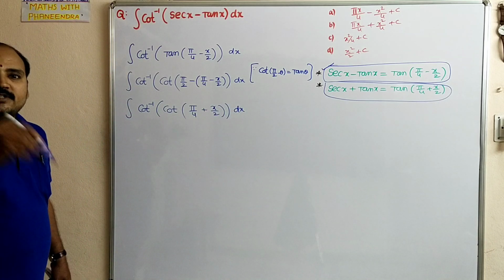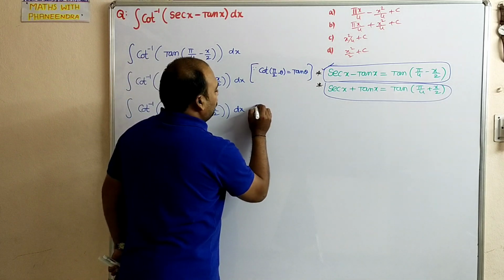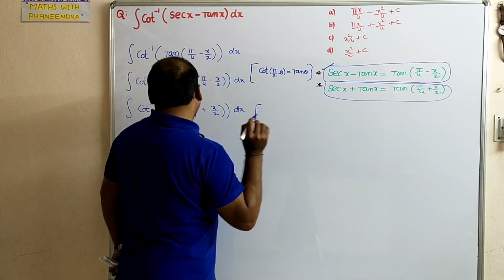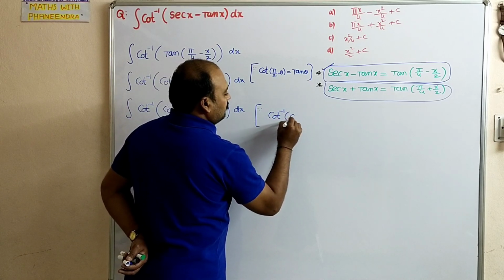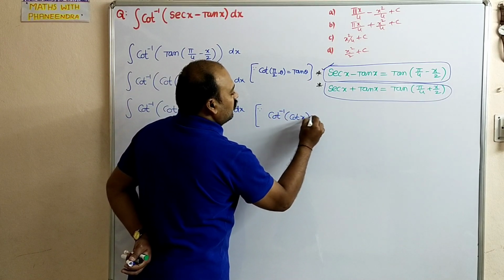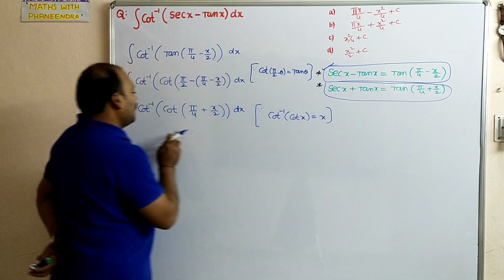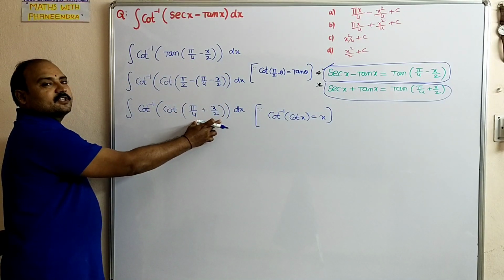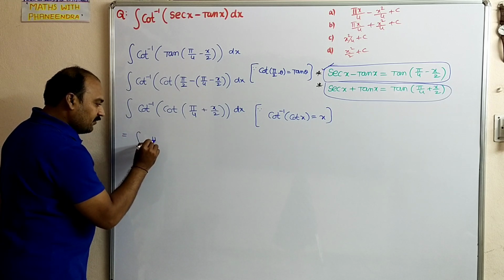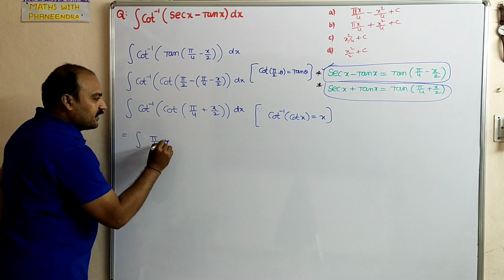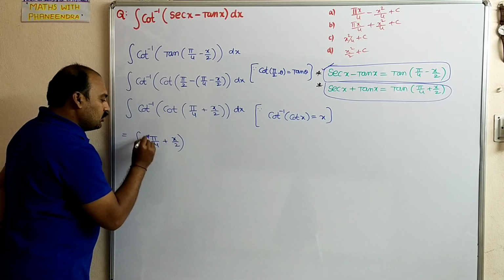After that, again inverse trigonometry properties: cot inverse of cot x equals x. So here cot inverse of cot of pi by 4 plus x by 2 is equal to integral pi by 4 plus x by 2 into dx.